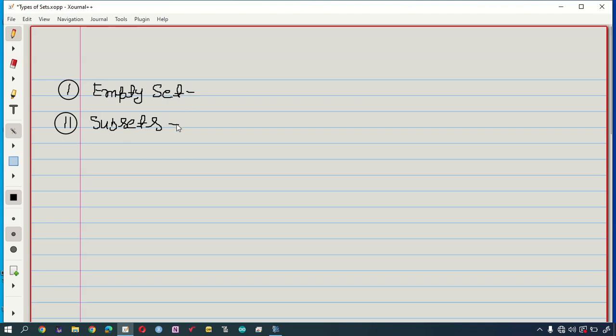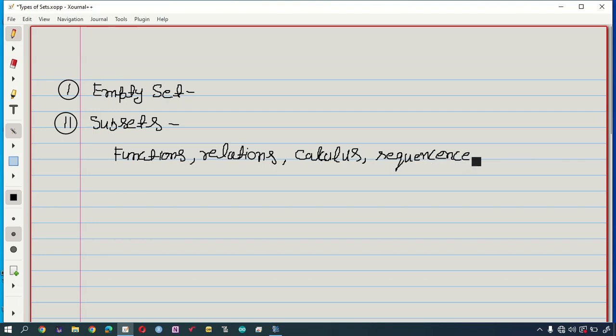So as you know, set theory plays an important role in the foundations of many mathematical concepts like functions, relations, calculus, also sequences and series, topology, and many branches of mathematics.